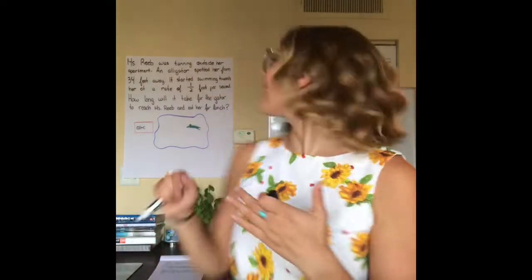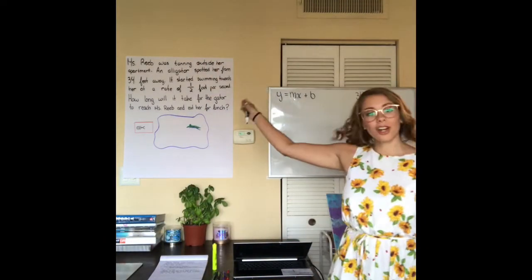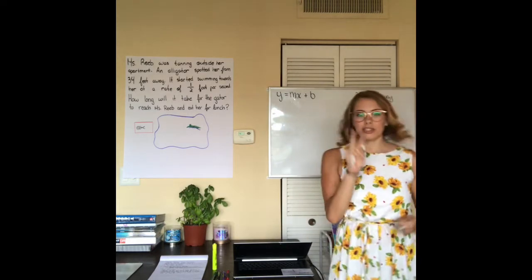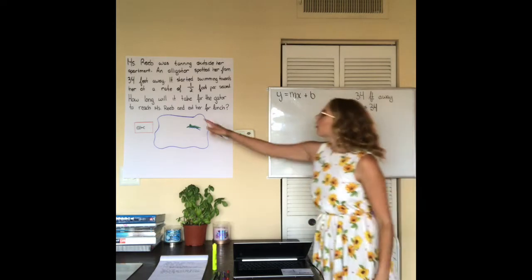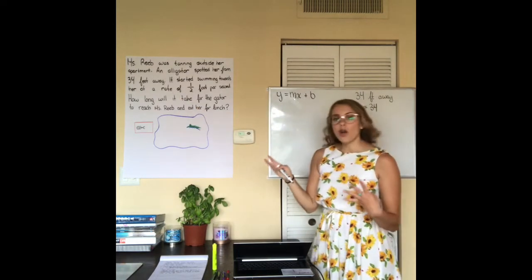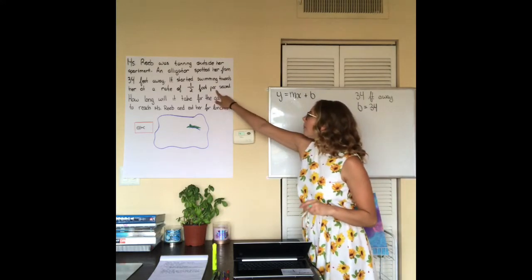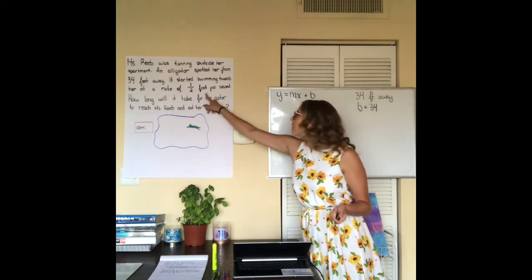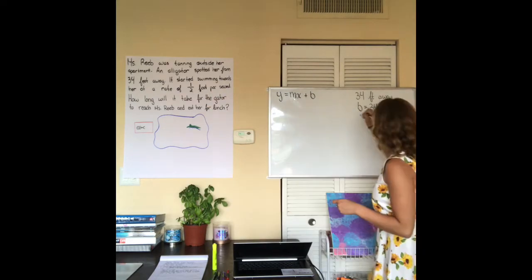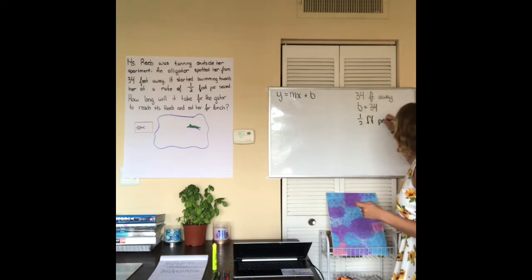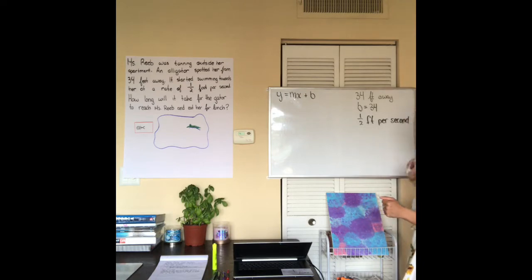My next sentence says, it started swimming towards her at a rate of 1/2 feet per second. Now I see 2 clue words here. The word rate gives away that this is going to be a rate. Also the units, feet per second. This unit is written as a fraction, so that also tells me this is going to be a rate. 1/2 feet per second is our rate.